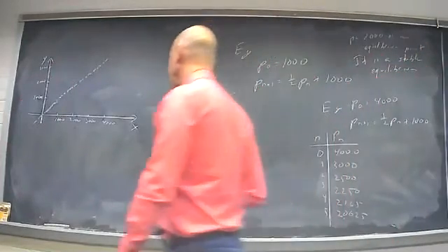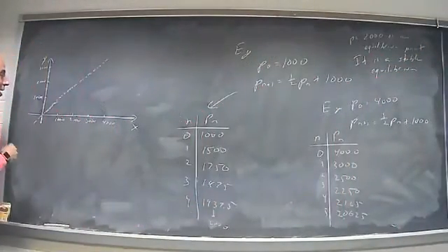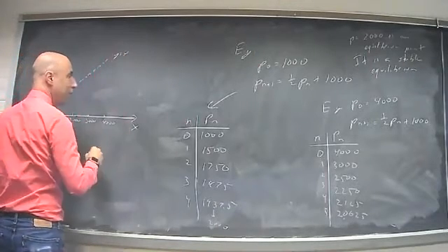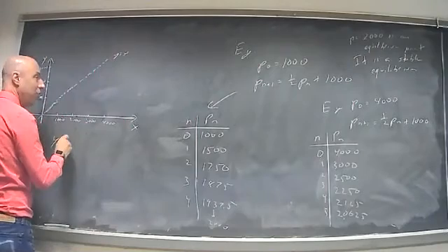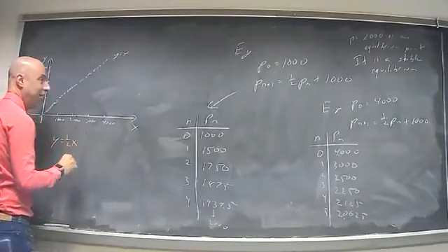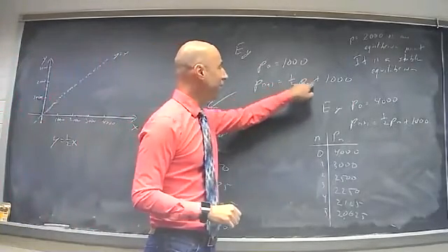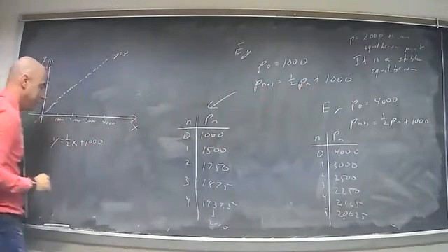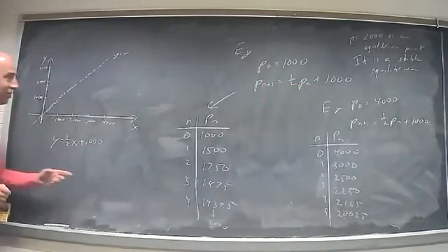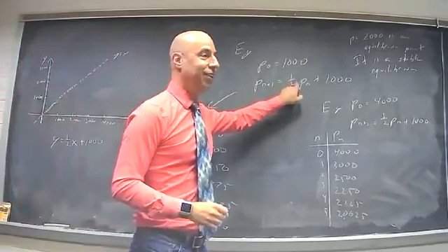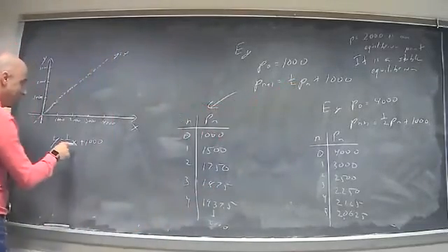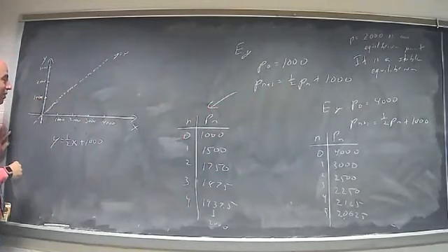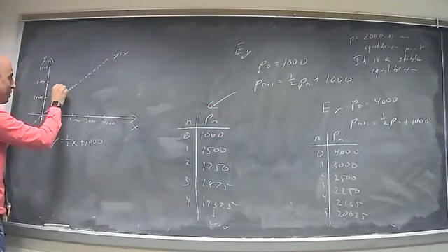And I'm going to put in another line. This one I'm going to draw with a solid line. The line y equals 1/2 x plus 1,000. So this is a line with y-intercept 1,000, slope 1/2. So we go over 1,000, you go up to 1,500.